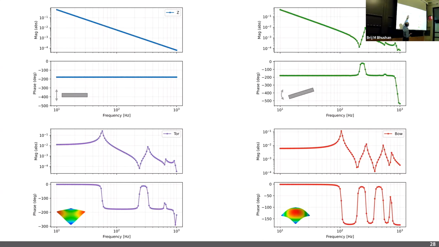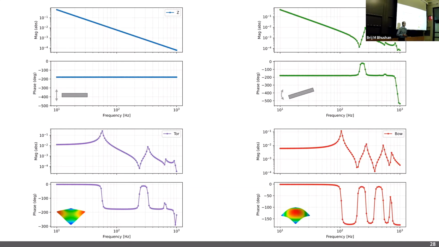And having no destabilizing modes gives us confidence that we can achieve a high crossover frequency without much challenge. In the rotation directions, we want to achieve a crossover frequency in vacuum of around 100 to 200 hertz. We do see a zero pole effect, but it has sort of a phase boost, and that is beneficial. So it's not very detrimental.